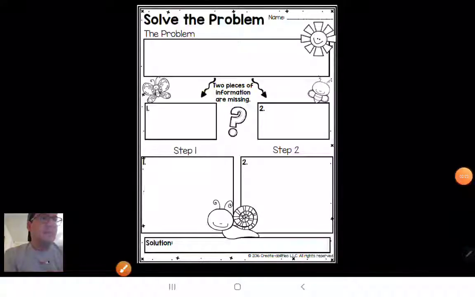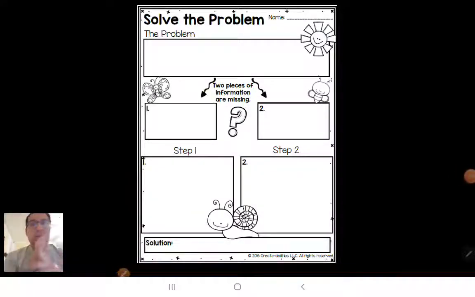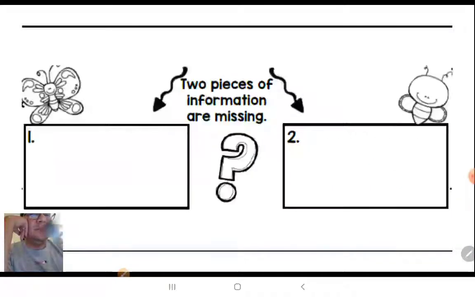All right, so here I have for you something that has to do with solving a problem that has two or more questions. How do we solve the problem? This is pretty much the steps. The problem goes here in this section.